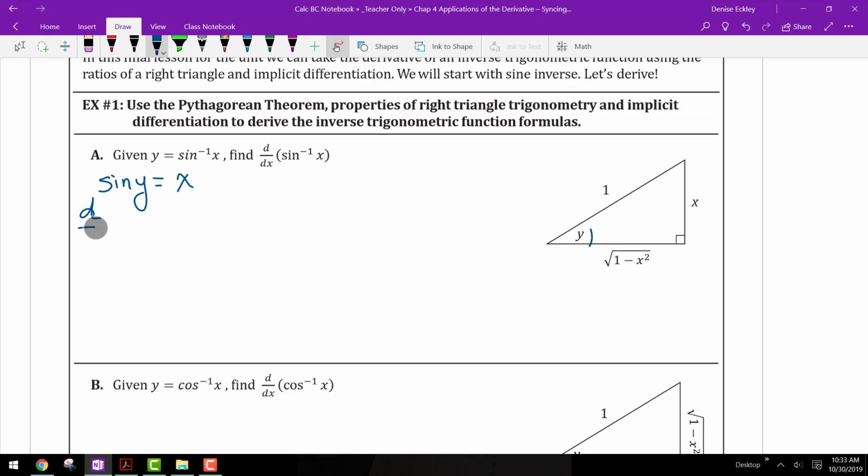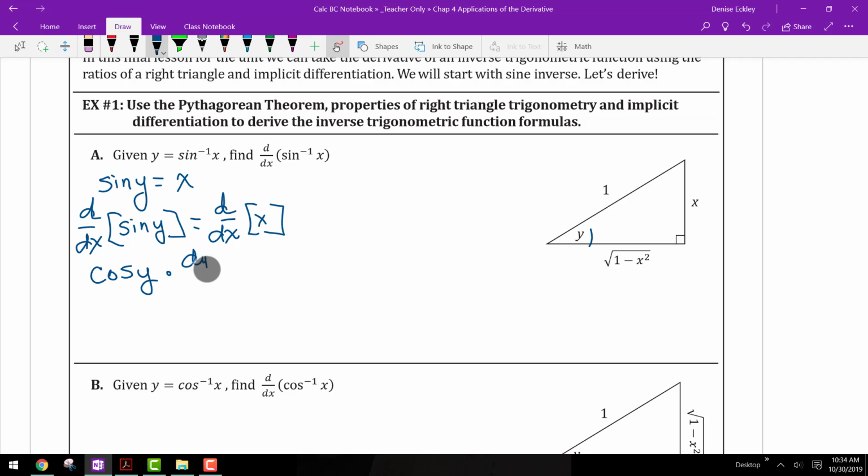So taking the derivative of both sides is going to give us, so the derivative of sine y is cosine y, and then since this is an implicit differentiation, we're going to have our dy dx, and the derivative of x is 1.